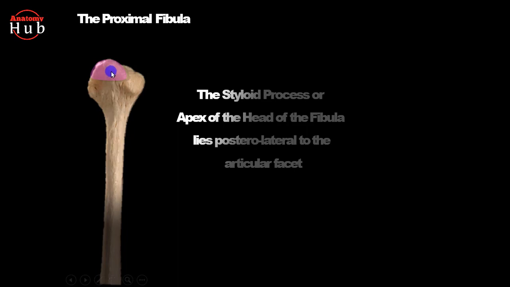This prominence is known as your styloid process. The styloid process, or the apex of the fibula, is part of the head of the fibula, and it lies posterolateral to the articular facet.